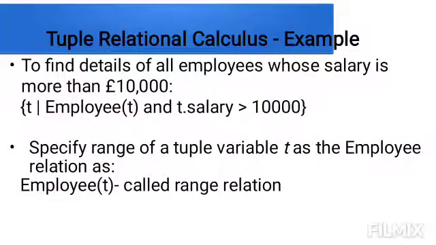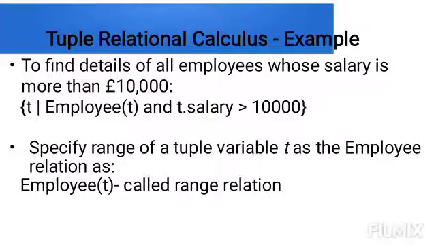Consider an example: find the employees whose salary is more than 10,000. Here we specify a tuple variable T of the employee relation, where EMPLOYEE(T) is called the range relation. Then the expression becomes {T | EMPLOYEE(T) and T.Salary > 10000}.